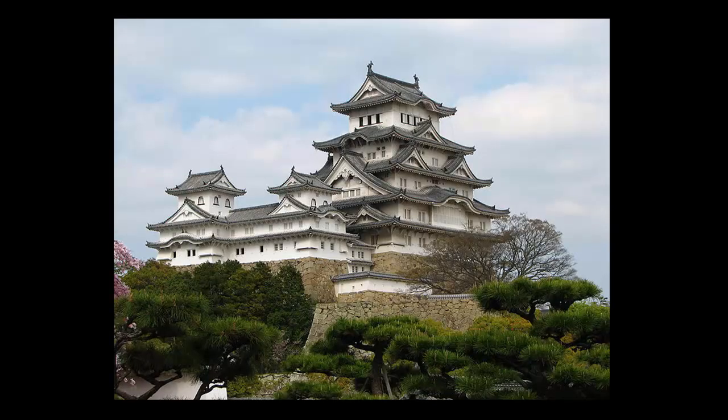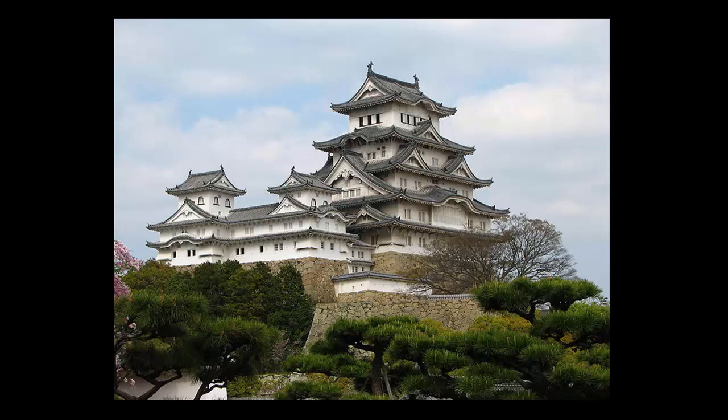Now, as we move into the Edo period, first the Momoyama period. So moving to the Momoyama period, what we see is a shift away from the traditional and more towards an opening to outside influences, specifically some influences of European style.